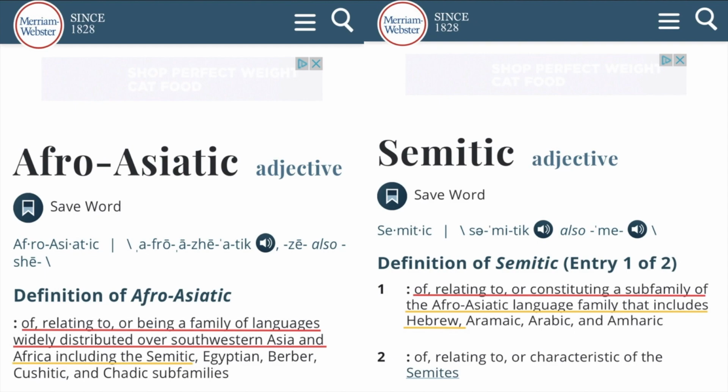Afro-Asiatic: of, relating to, or being a family of languages widely distributed over southwestern Asia and Africa, including the Semitic. And Semitic: of, relating to, or consisting of a subfamily of the Afro-Asiatic language family that includes languages such as Hebrew.